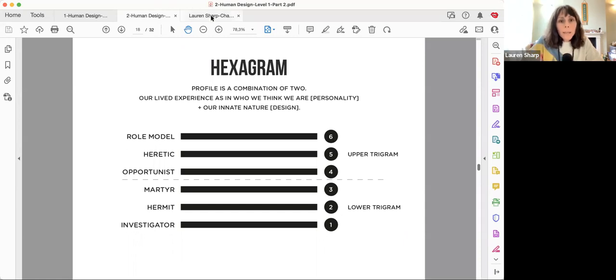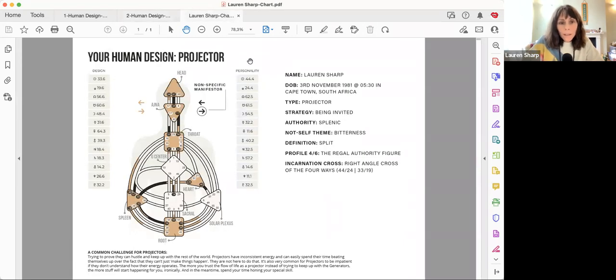So we see a profile being a combination of our personality and our design. Now, without making it too complicated, if you look at your chart, you can see your design column and your personality. Remember last week we discussed that design is about everything that needs to be lit up, everything unconscious made conscious.